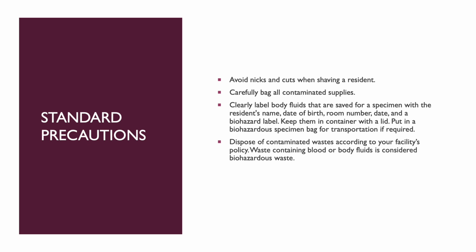It should also have the time it was collected and the initials of the person that did collect it. Making sure we keep them in the container with a lid on it and it's in a biohazard bag so people know that this is bodily fluids. It's a biohazard specimen bag anytime we're transporting it. Obviously, we also want to make sure we're disposing of all contaminated waste according to your facility's policy.